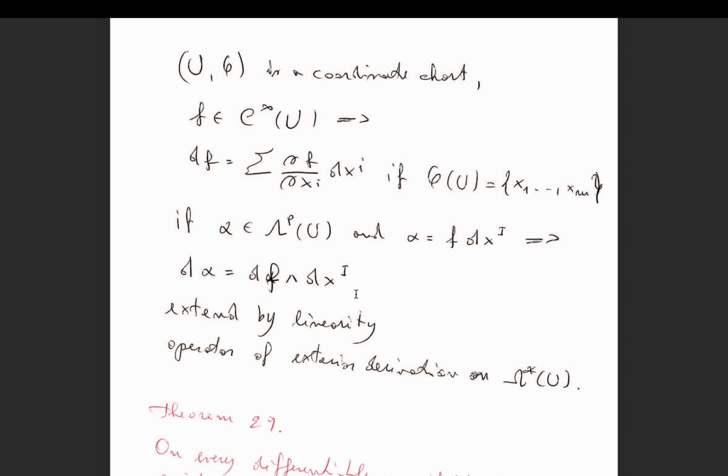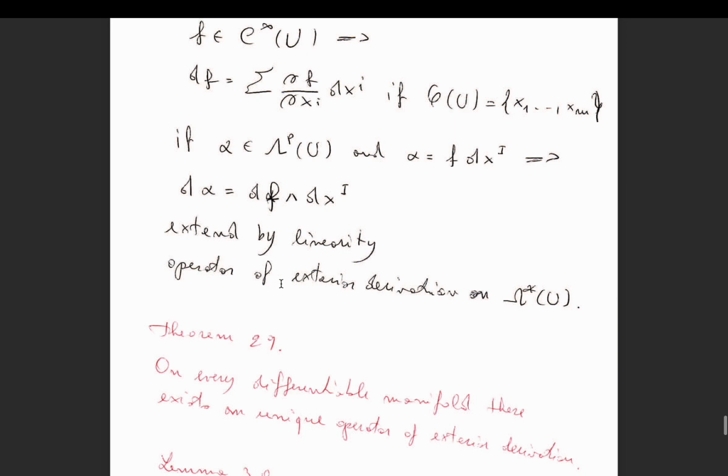In this way, by extending by linearity, we obtain an operator of exterior derivation over lambda star of U.